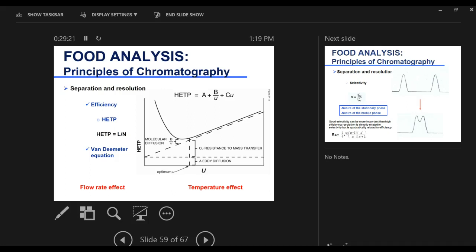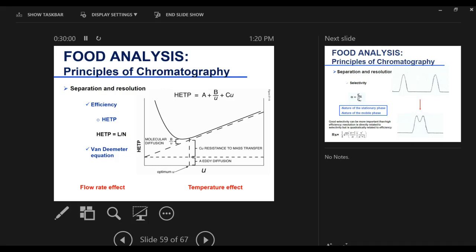The more porous it is, and you get more pores as you lose functional groups over time when you use the column over and over, the longer the transfer time will be. But if you have well-packed material with very small pore size, then you would have fast transfer in and out.